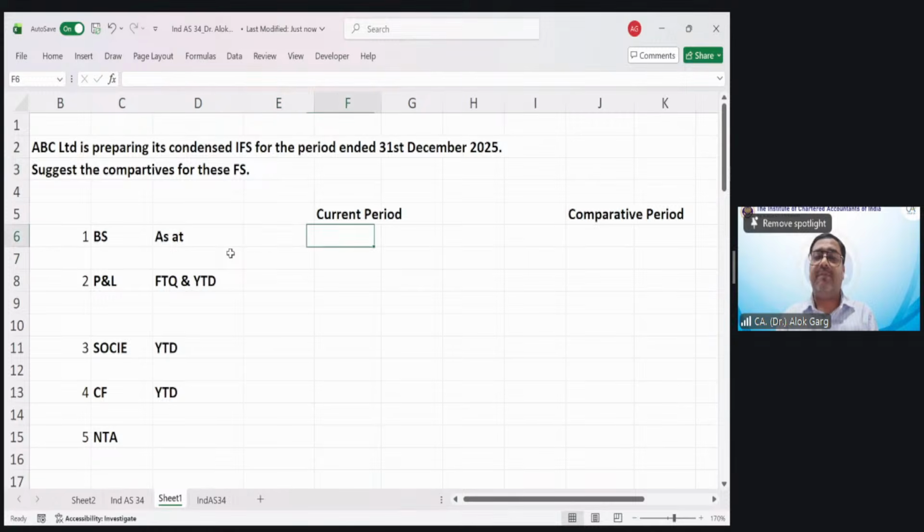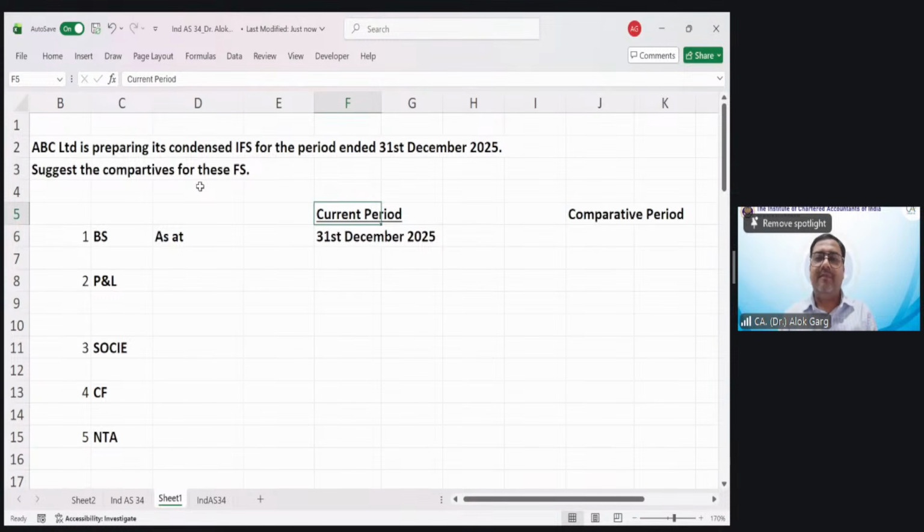Balance sheet is always prepared as on date. So if the financial statements are for the period ended 31st December 2025, tell me balance sheet date is as on which date? Simple, 31st December 2025. So balance sheet current period is 31st December 2025.